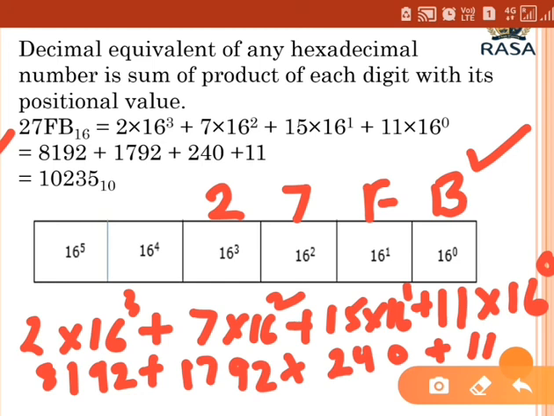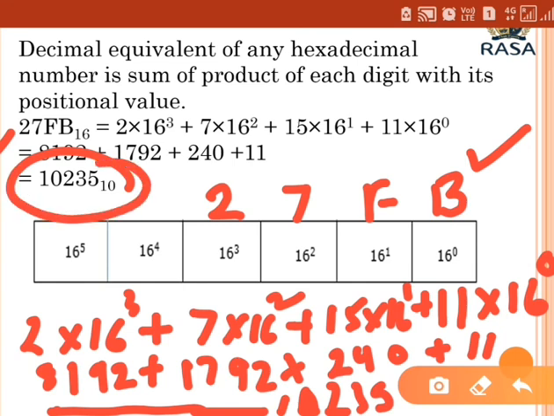And then the last answer is 10235, here base 10. So this is the answer: 27FB base 16 is converted into the decimal.